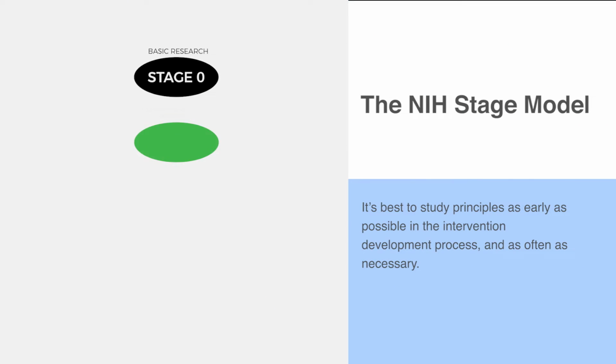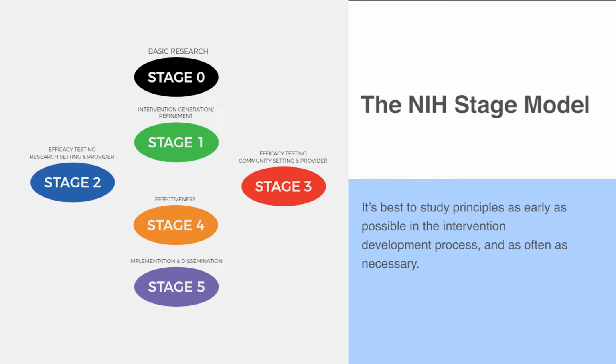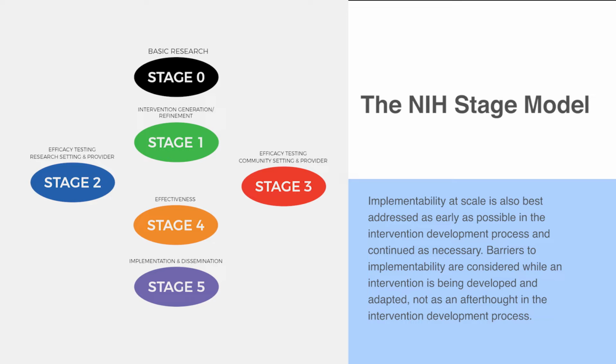It's best to study principles as early as possible in the intervention development process and as often as necessary. Implementability at scale is also best addressed as early as possible in the intervention development process and continued as necessary.